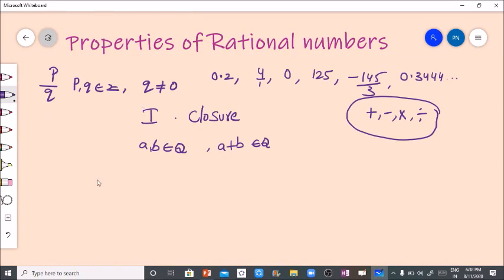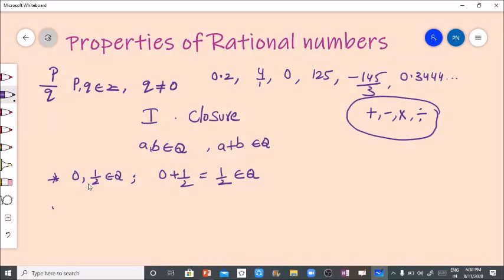Here I am going to take two rational numbers, one is 0, another one is 1 by 2. These two are rational numbers. Now we add these two numbers. If we add 0 to any number, we get the same number, so this is also a rational number.